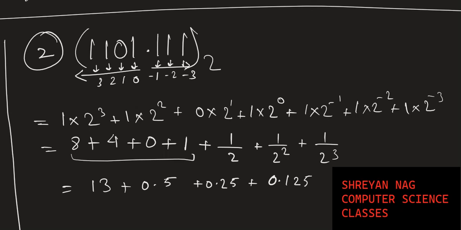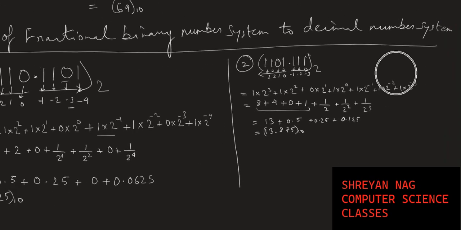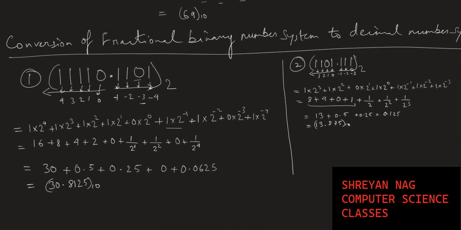Sum it all up, so 0.5 plus 0.25 is 0.75. So 13 plus 0.875 is 13.875 base 10. So this is the interconversion of fractional binary number system to decimal number system.